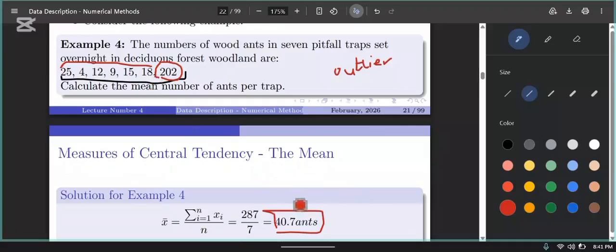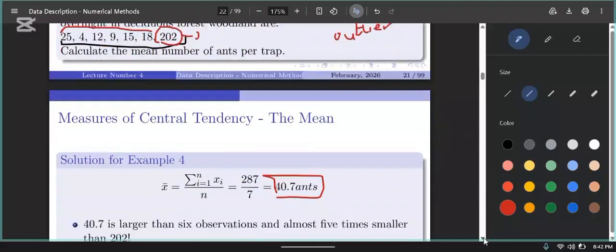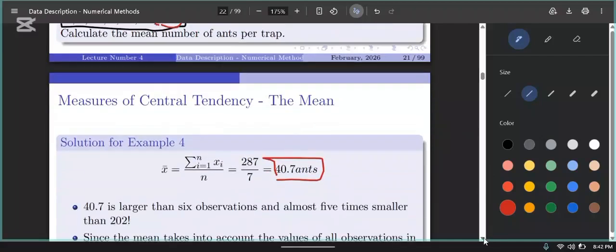At least if we had maybe 20, or 21, 22, 24, or 17, it could have fallen within the data set. But 40.7, and what has caused this is this extremely large value. These are what we call outliers. So in this case, the mean may not be a good representation.